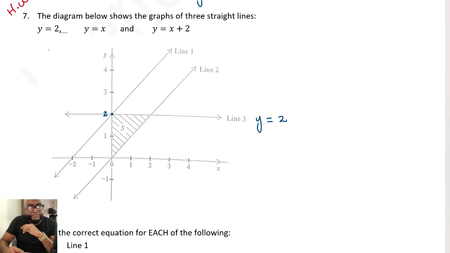That's the equation of that line. That equation is simply y is equal to 2, meaning that the gradient is 0.